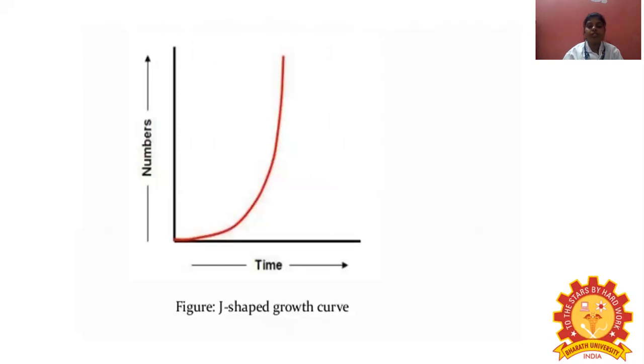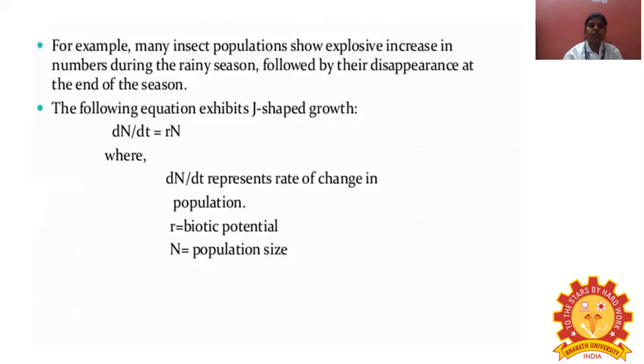This figure illustrates the exponential growth curve. It looks like a J-shaped growth curve. For example, many insect populations show explosive increase in numbers during the rainy season, followed by their disappearance at the end of the season.